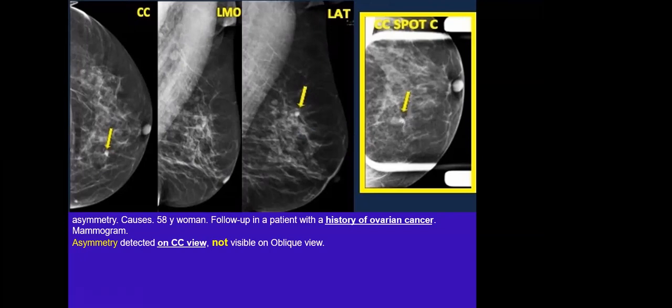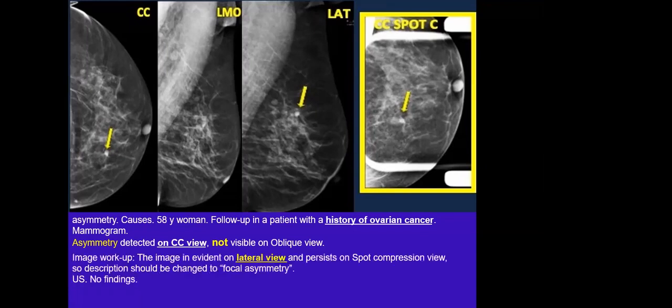So this lesion is real and persisting. And even here on the spot, it gives the appearance of a mass-like lesion. It is tiny, so I have to proceed to ultrasound.